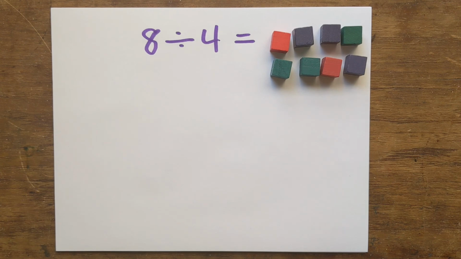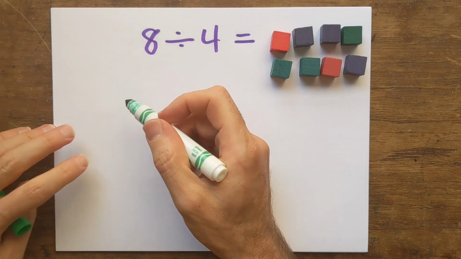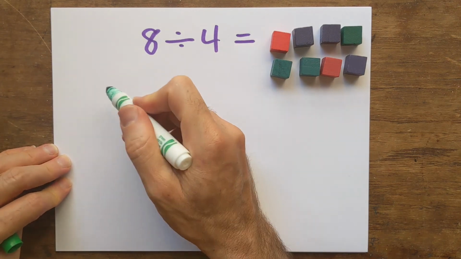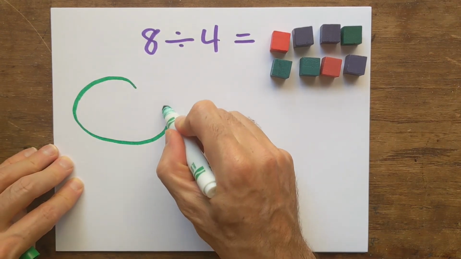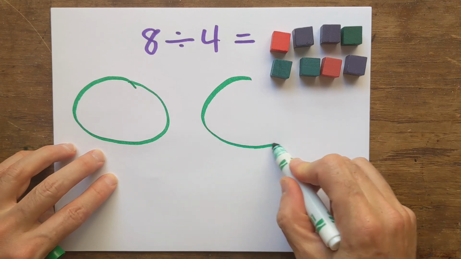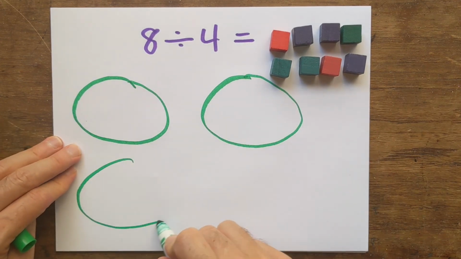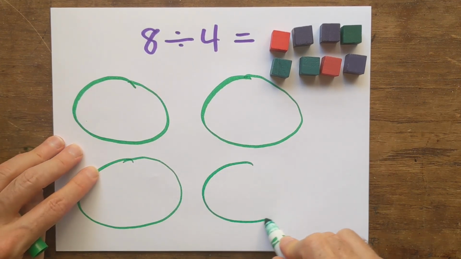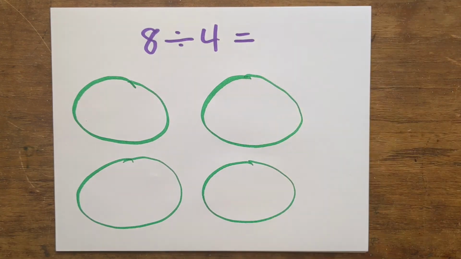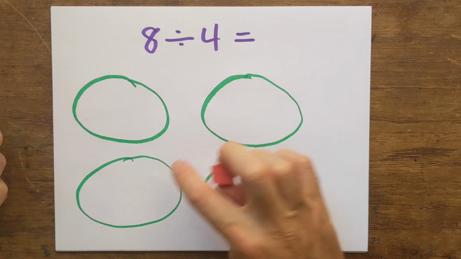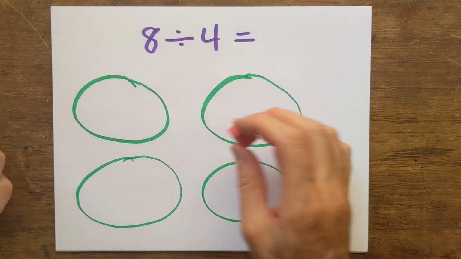And now you need to draw the thing you're going to divide them into. I said it was 4 people getting 8 strawberries. So I'm going to draw 4 circles. 1, 2, 3, 4. And then all I do is take these and put 1 in each circle until they're all gone.